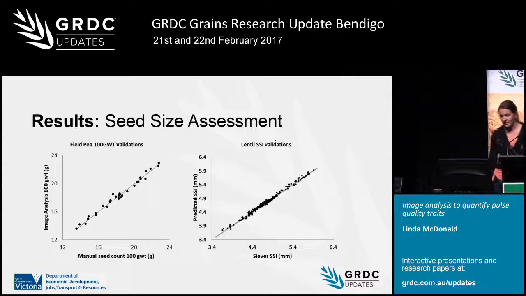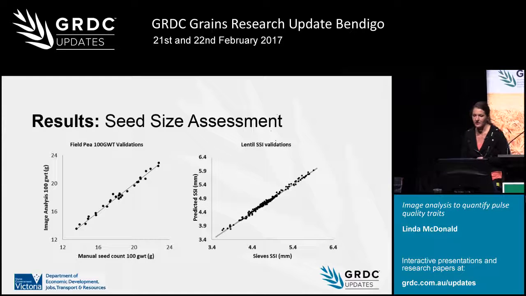And then on the left-hand side is prediction of 100 grain weight for various field pea samples. On the x-axis is the manual predictions, so counting seeds out and weighing them off. And then on the y-axis is the image analysis prediction of 100 grain weight, and one-to-one correspondence as well in that graph. So you can see that the image analysis methods are matching up really well with the standard methods for measuring size.